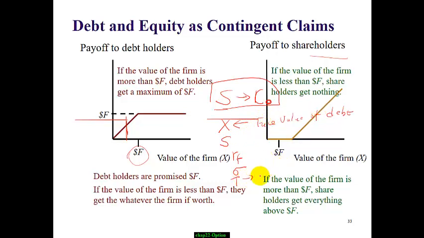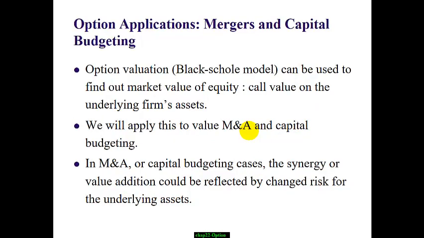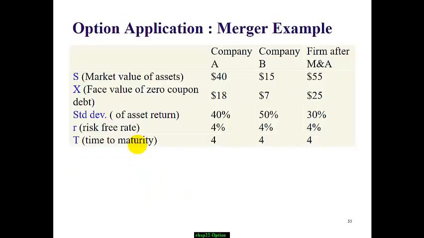T is the number of years to debt maturity. Risk-free rate. Sigma is the underlying firm's standard deviation, as the firm's assets. We're going to discuss 2 applications. One is mergers and acquisitions. The second is capital budgeting.